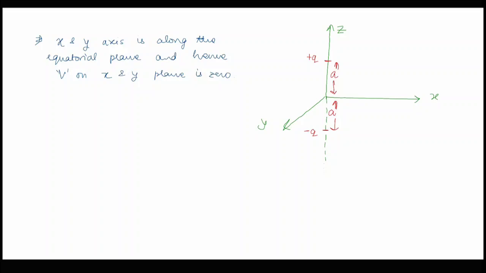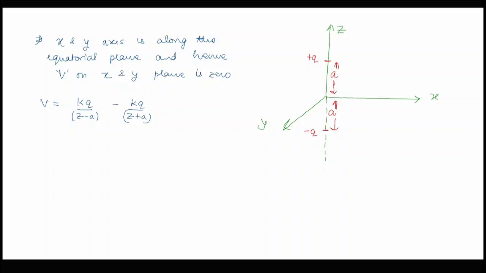And at a point z on the z axis, which is the axial line for the dipole, the potential is given by the potential due to the positive charge, that is kq upon z minus a, and the potential due to the negative charge, which will be minus kq upon z plus a.